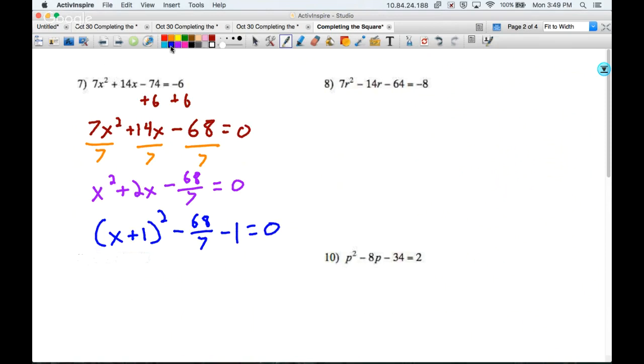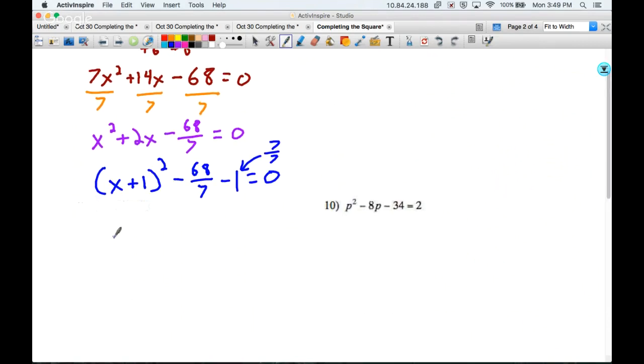I just have to convert that minus 1 into a negative 7 over 7. And now I get x plus 1 squared minus, let's see, negative 68 minus 7 is going to be a negative 75 over 7 equals 0.